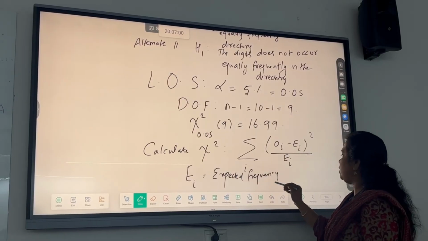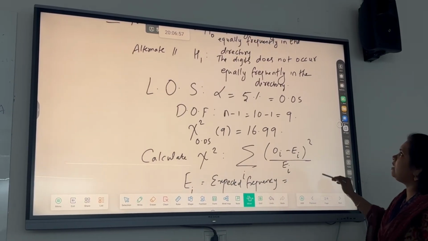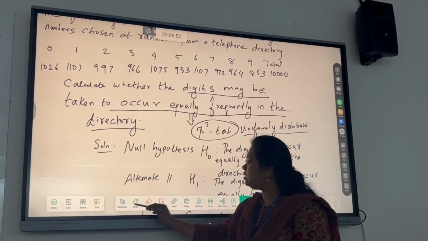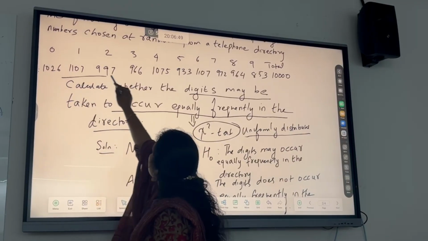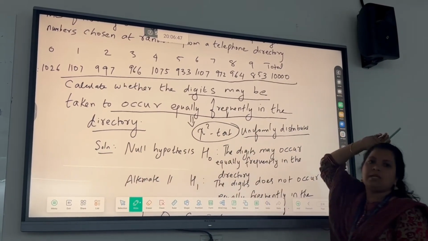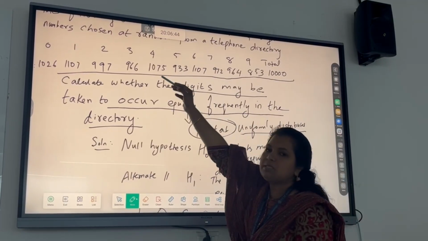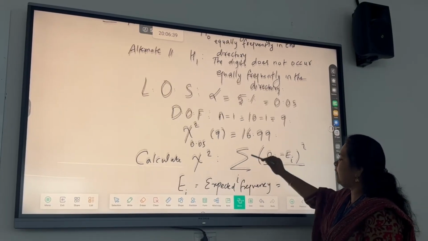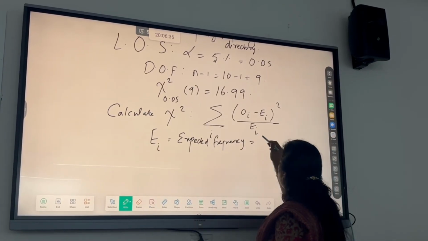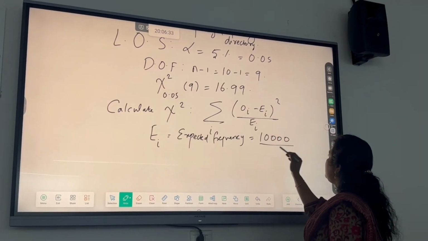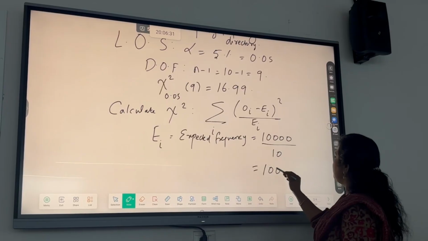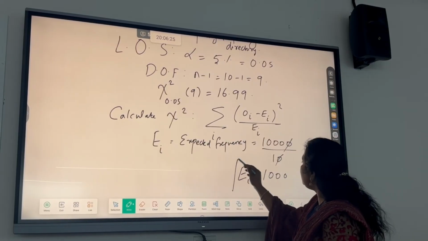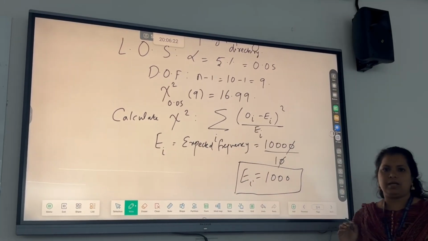Now if you look here, add all these numbers and you get a total of 10,000. Out of this there are 10 digits, so the expected frequency for each digit is 1000. So EI is 1000 for all these digits from the telephone directory.